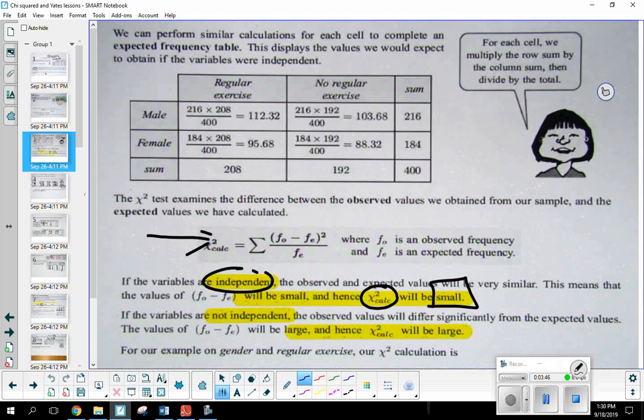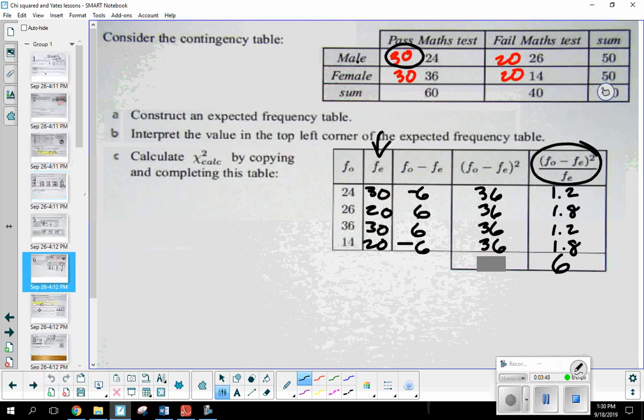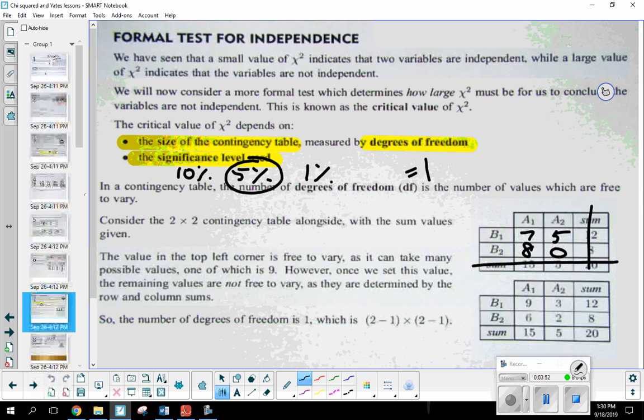Then we did some examples, and we started to talk about, okay, how do we determine exactly what value it goes from not being independent to being independent? Like, where is the value too large? Well, there were two factors that were going to help me identify that. It was known as the significance level, where you could choose 1, 5, or 10%.